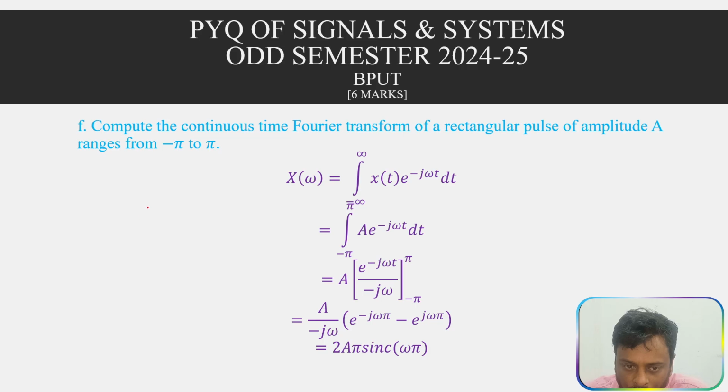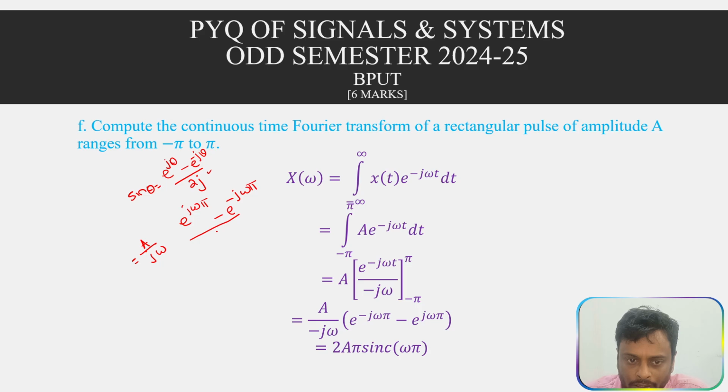So what is sin theta? Sin theta equals e to the power of j theta minus e to the power of minus j theta, divided by 2j. So now you can write e to the power of j omega pi minus e to the power of minus j omega pi, that will be a by j omega, divided by 2j.